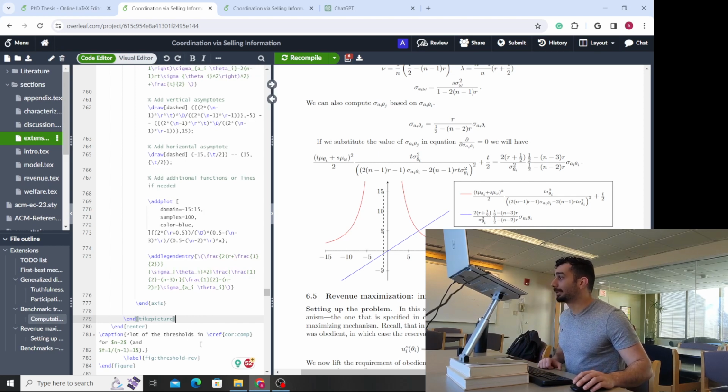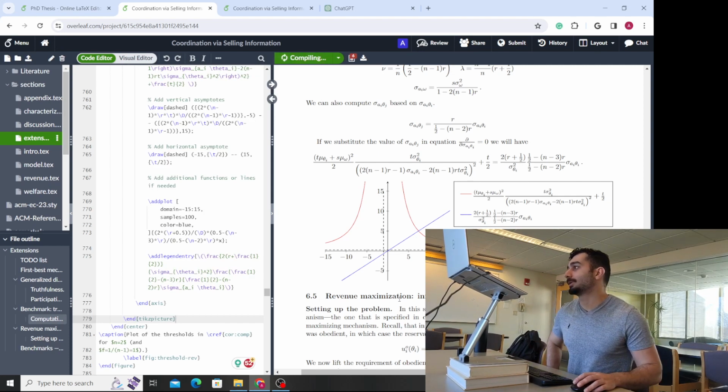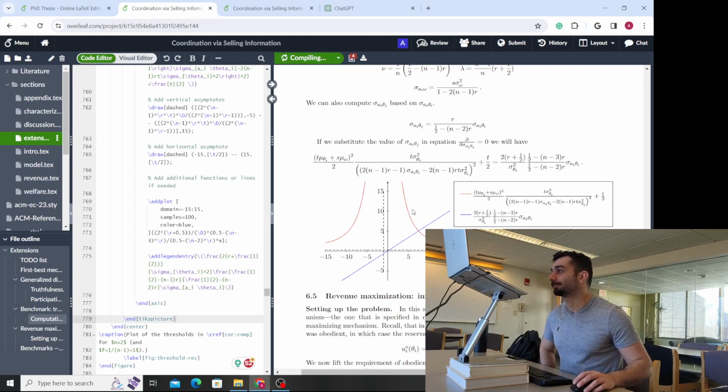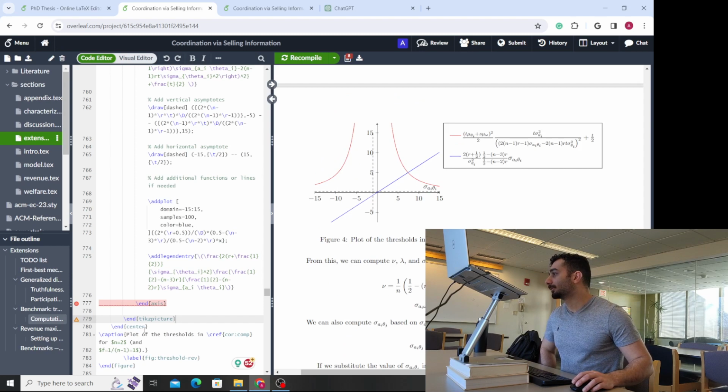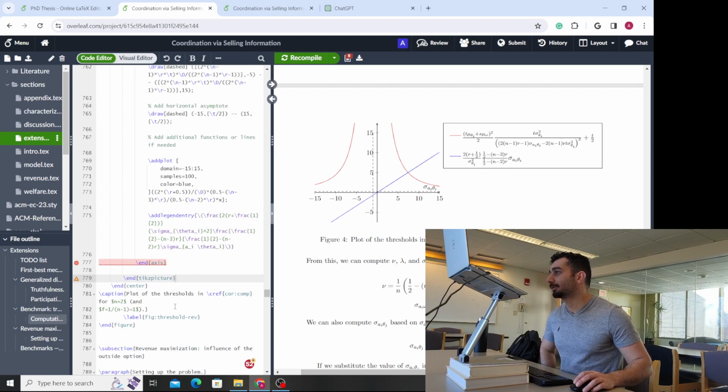All right, caption, plot of the threshold. Let's see what is the change here. Right, so caption, plot of the threshold, label. What is the label? I don't like the label here.